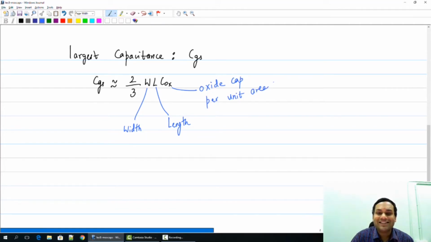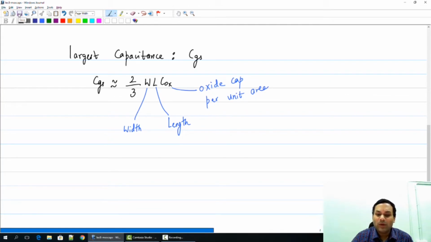This is normally the largest capacitance associated with the MOSFET. Now, obviously, each capacitance has a certain dependence on dimensions and also on doping concentrations, etc. But we will not worry about those things here.